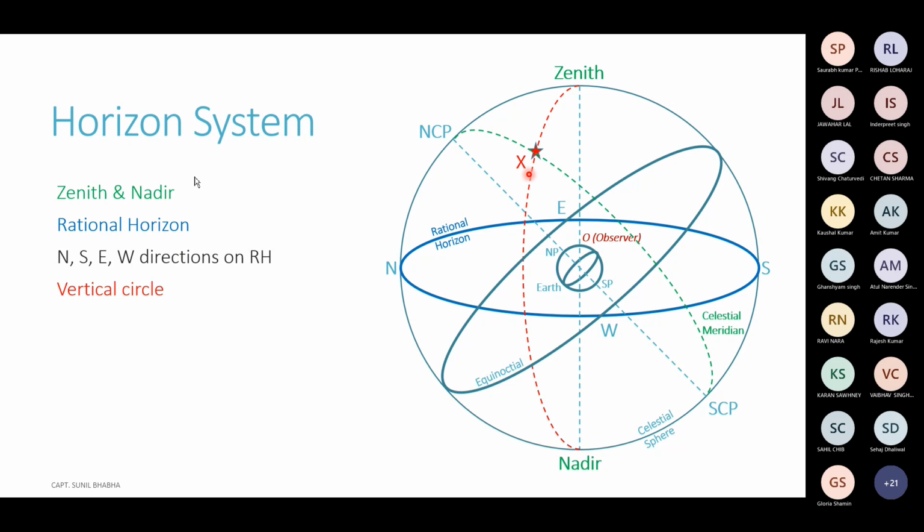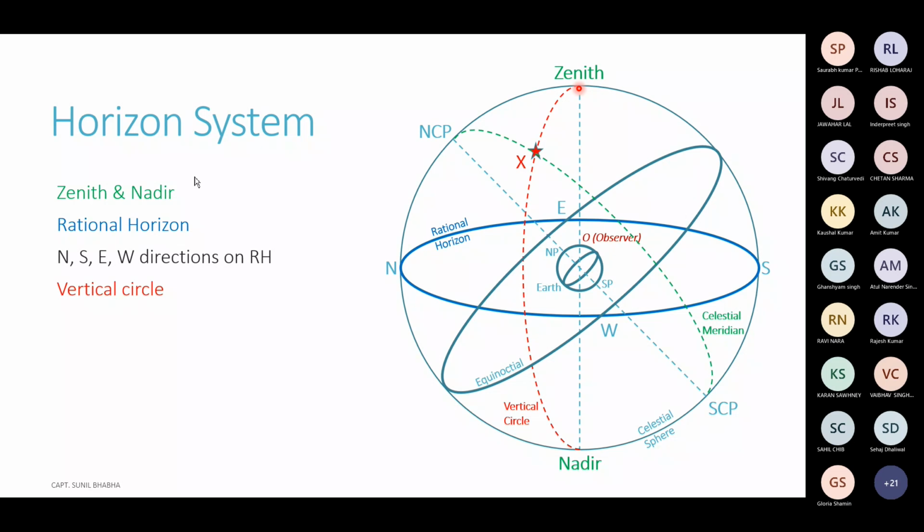So you see this red color semicircle shown in the diagram is the vertical circle of this particular star.